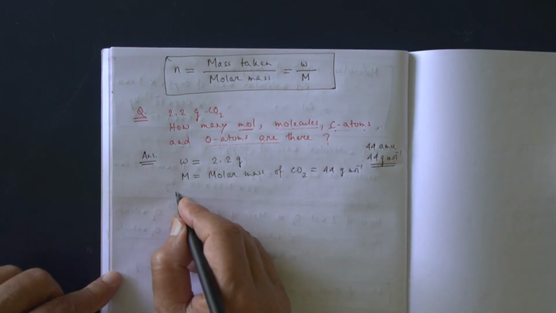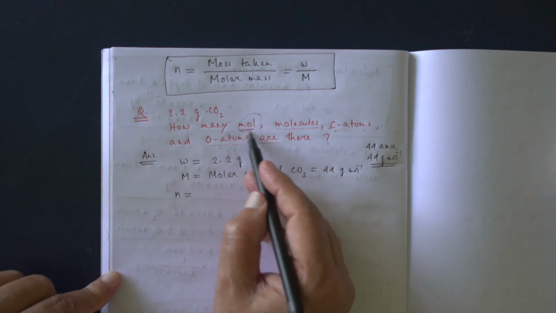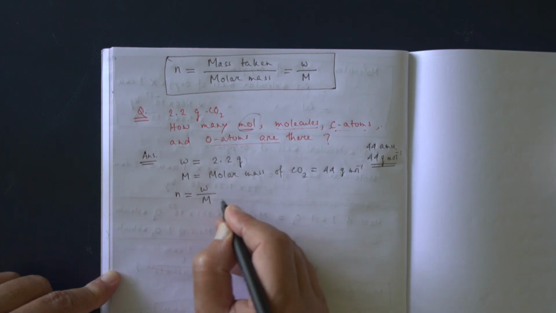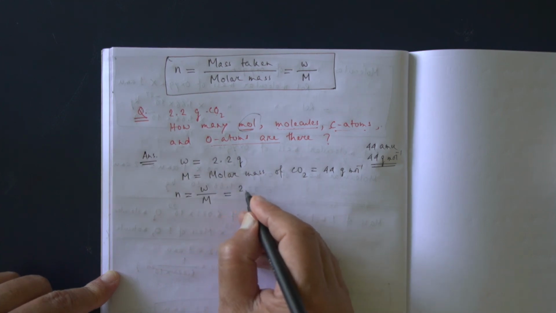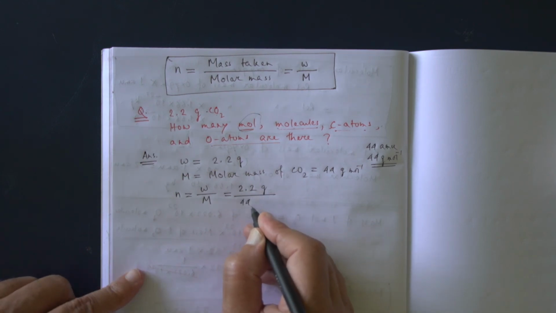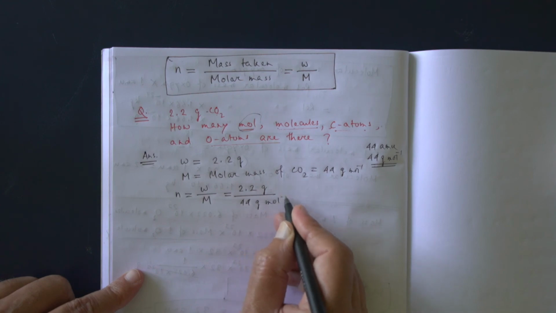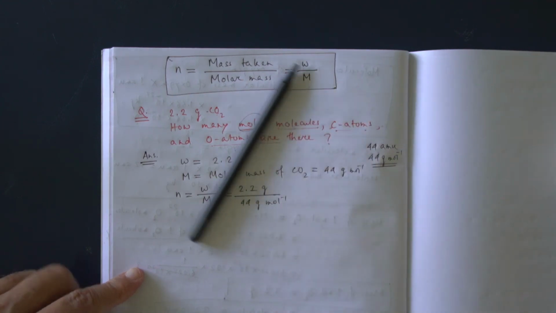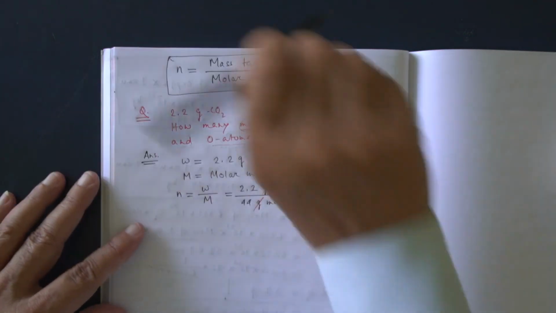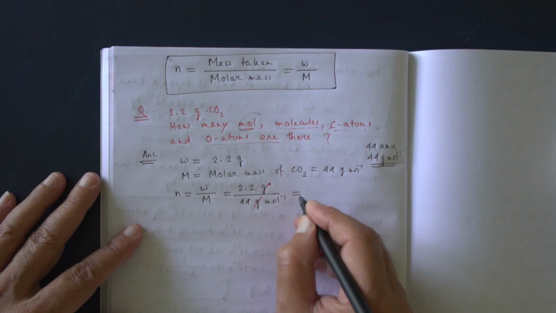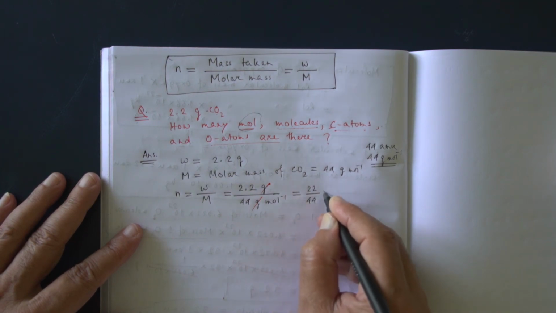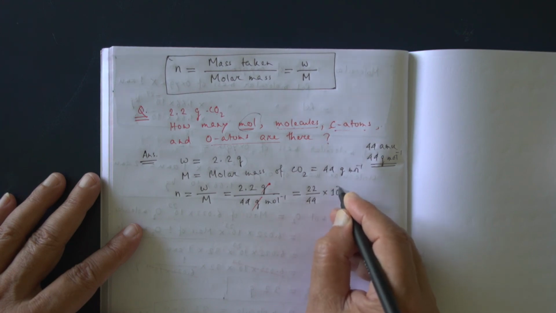So mole, first we write mole: mole is W by M, that is equal to 2.2 gram divided by 44 gram per mole. So gram cancels. That is equal to, let me show the calculation, 22 by 44 into 10 to the power minus 1.